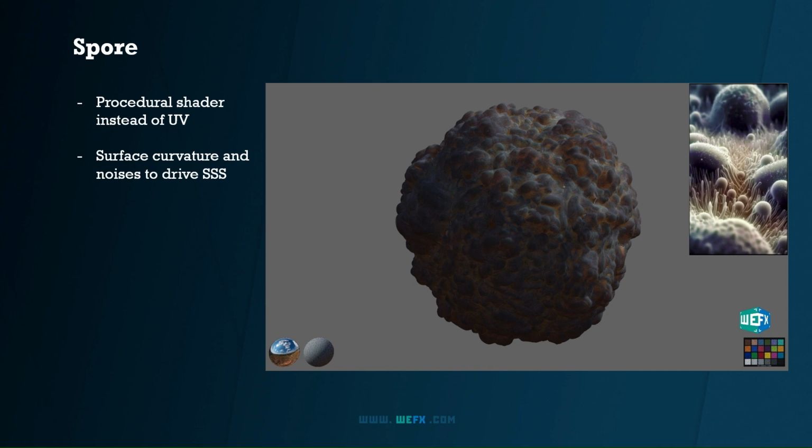We initially thought of creating UVs and relying on texture painting and baking methods for texturing the spore, but we quickly abandoned this idea due to how volatile the resulting spore growth mesh was, because the point numbers were changing each frame and UVs were not stable at all, and we decided to go with a procedural shading method. And we used surface curvature to drive the scale of subsurface scattering and also color and radius. And that's how we decided to go forward.